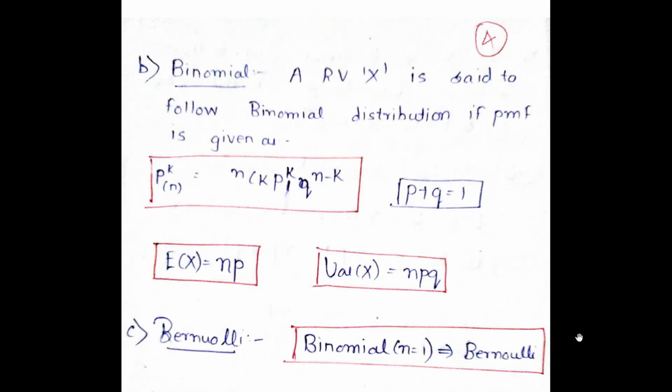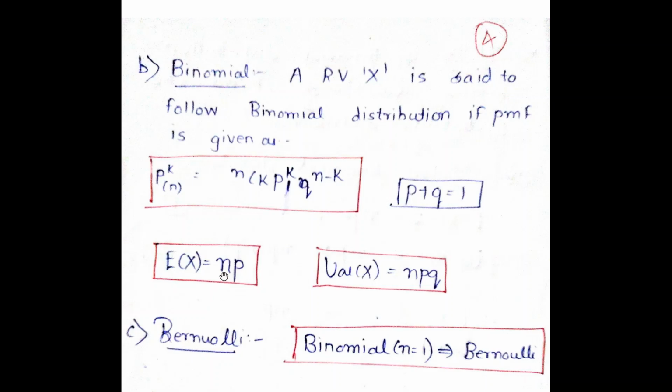Then there is the binomial distribution. In the binomial distribution, you have a random variable x, and it follows the binomial distribution with the PMF given as nCk, p raised to k and q raised to n minus k, where p plus q is equal to 1, the expectation is equal to np and the variance is equal to npq.